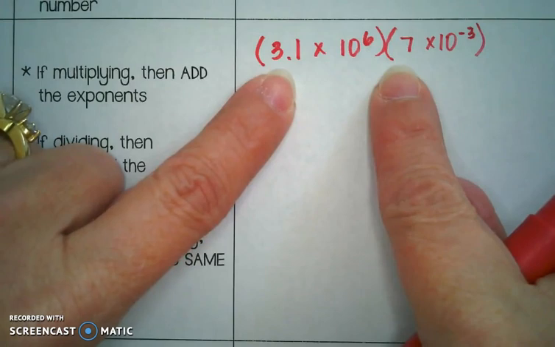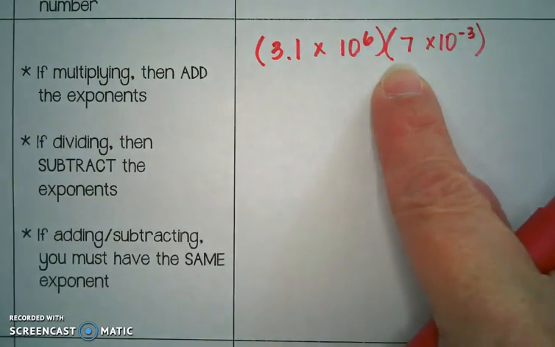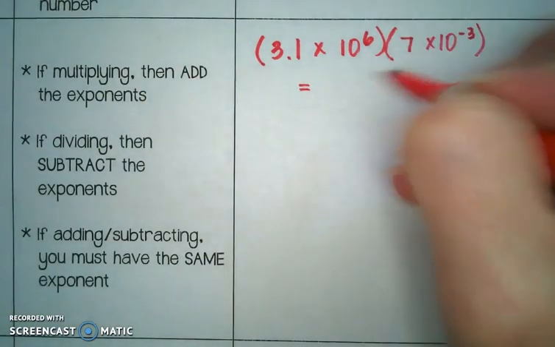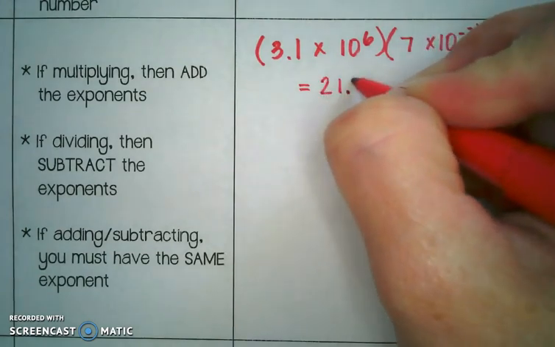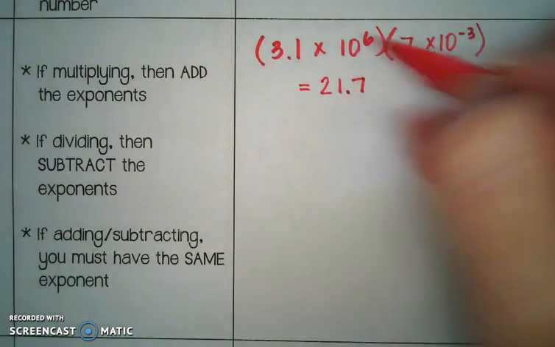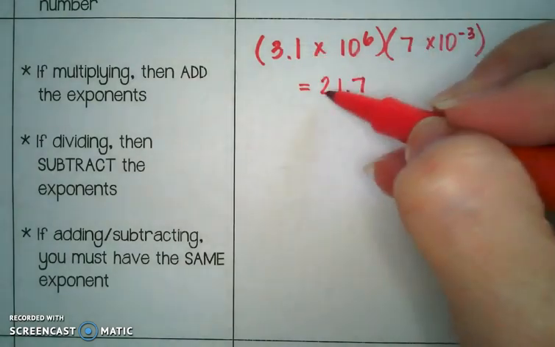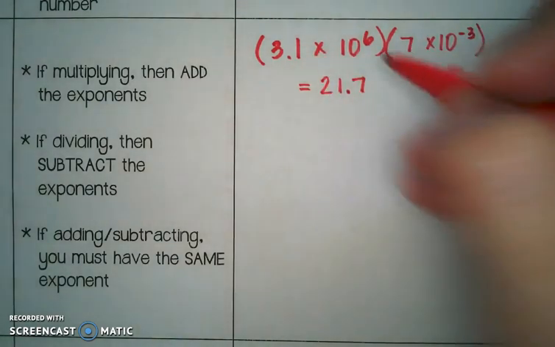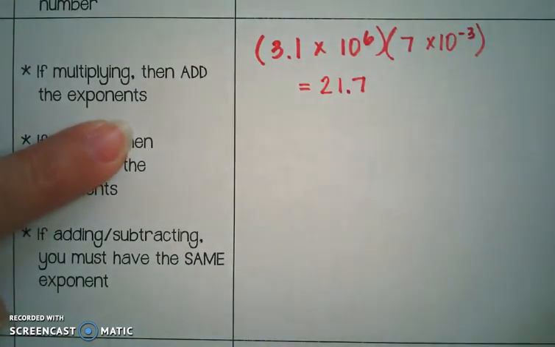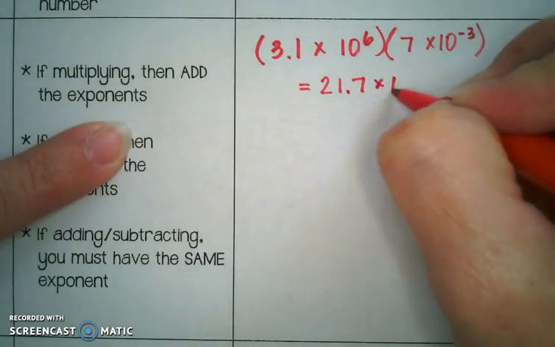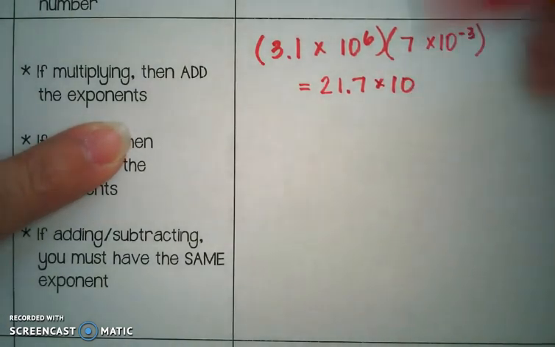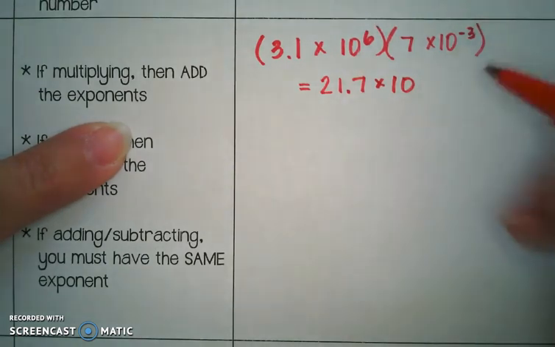So when we multiply 3.1 times 7, that is going to give us 21.7. 7 times 1 is 7. 7 times 3 is 21. All right, now since we're multiplying, we add exponents together. So the exponent on our 10 is now going to be a positive 3.